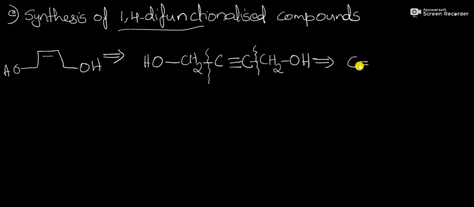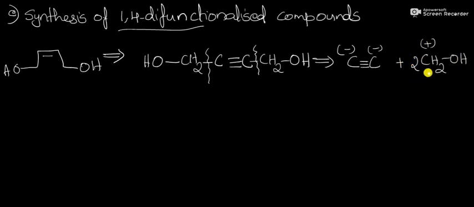One is C triple bond C dianion, and another synthon is CH2OH plus, 2 moles of CH2OH plus. The synthetic equivalent of this dianion will be acetylene CH triple bond CH, and its synthetic equivalent will be aldehyde, that is 2 moles of formaldehyde HCHO.